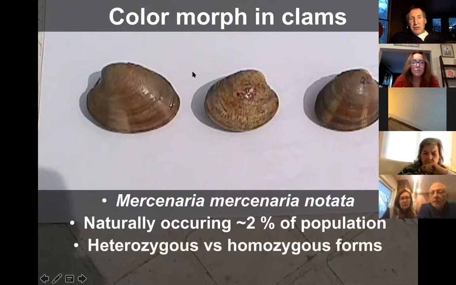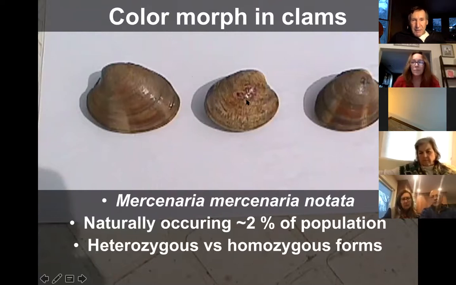When they're purebred like that, they're what we call homozygous notata. If we breed a nice dark purple and white clam with a white clam, the offspring are not going to all come out looking like this. Some will be white, some will be this, some will be in between. But if you keep breeding these homozygous, you're going to get 100% of them to look like that.